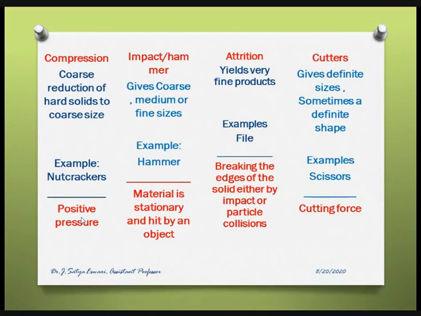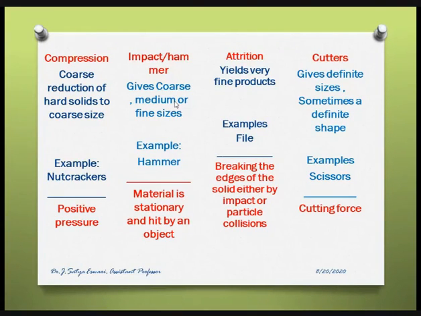If you talk about the overall comparison of compression, impact, attrition and cutters: compression generally applies for coarse reduction to coarse size. Coarse reduction means larger than coarse particles, so coarse will be the feed and coarse will be the product. An example is the nut cracker, and we will be giving positive pressure. Whereas impact gives coarse, medium to finer products. If we give coarse or medium size feed, we will get fine products.